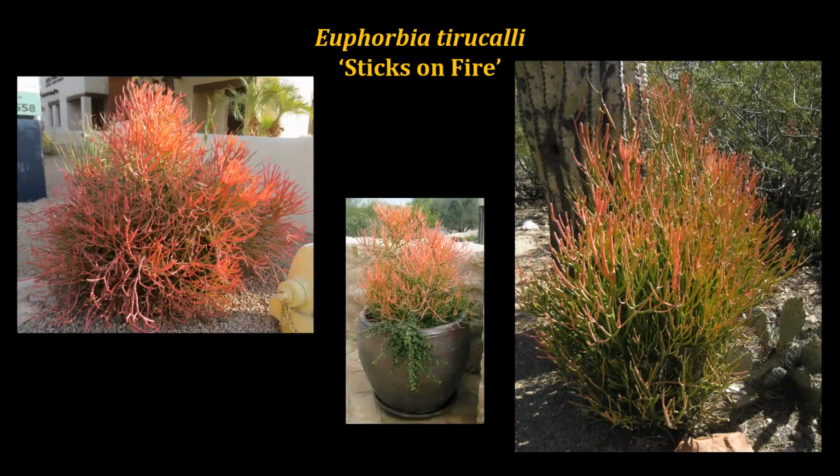Now they're like this. This is that reaction to the cold temperatures. You get this dramatic color during the winter. During the spring and fall, even the summer, it's more of just a pale orange, greenish orange stem tips here. But during the winter, these are spectacular.